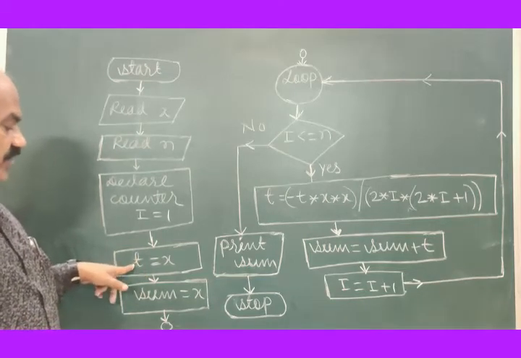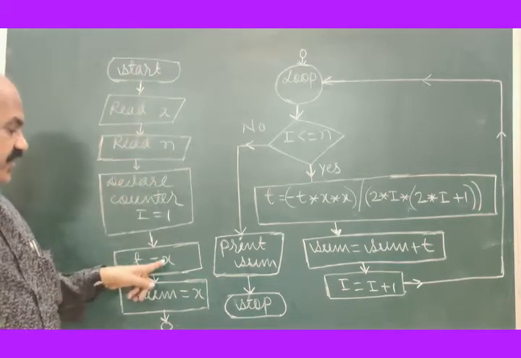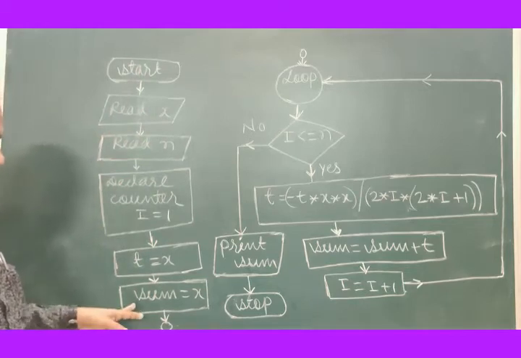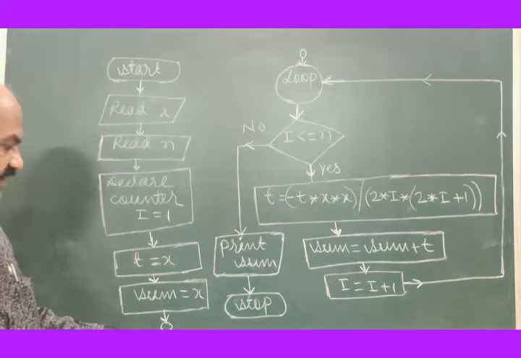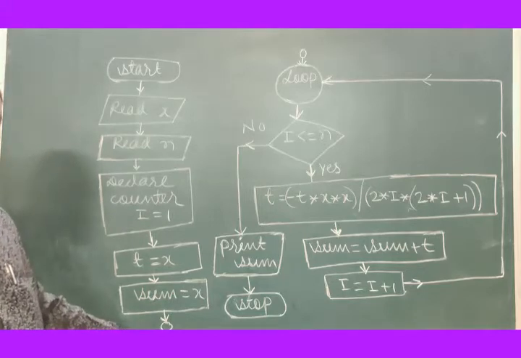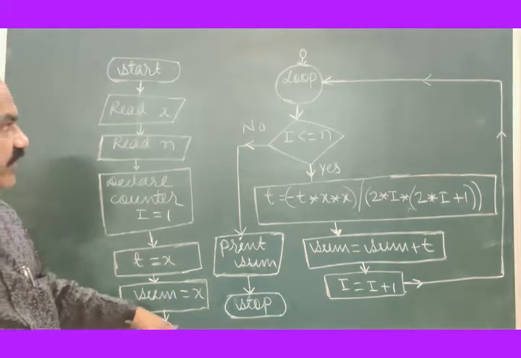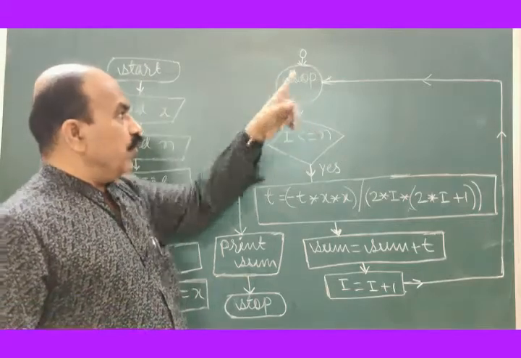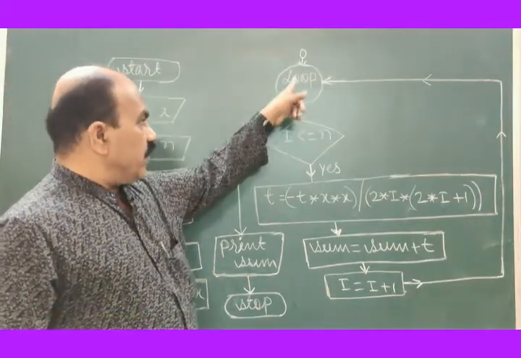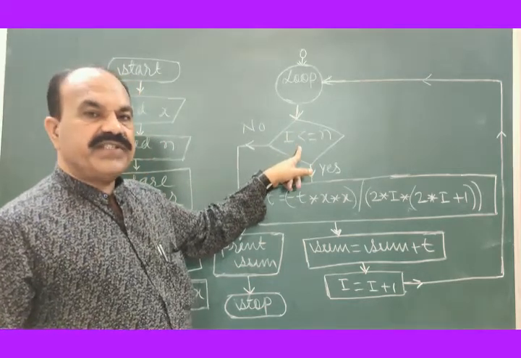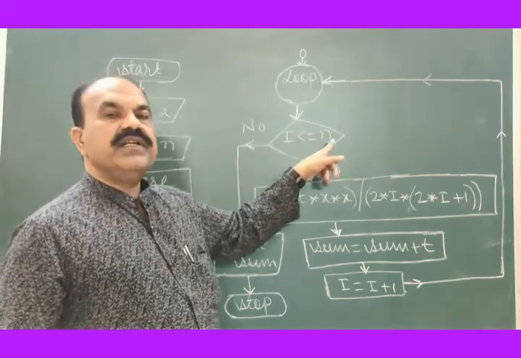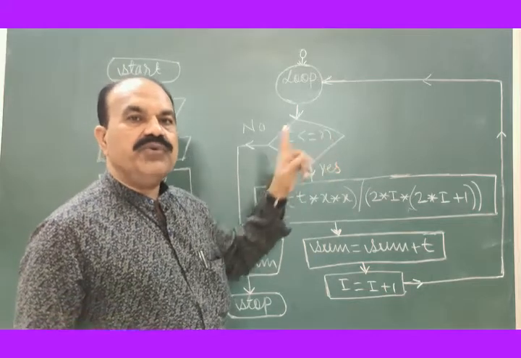Let the first term of the series is x. Let sum is x, first sum is x. We need more space, so connector here, connector, loop comes in this direction. Here it verifies whether this I is smaller or equal to n.